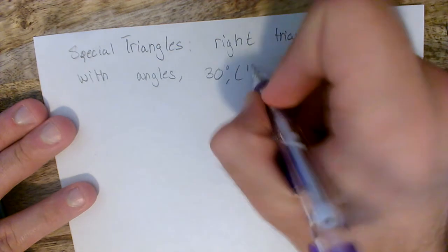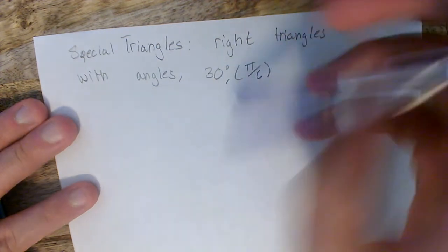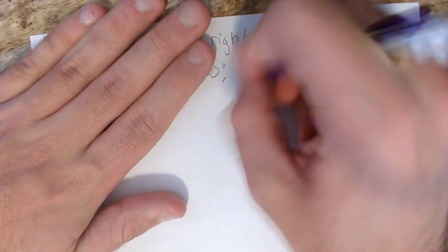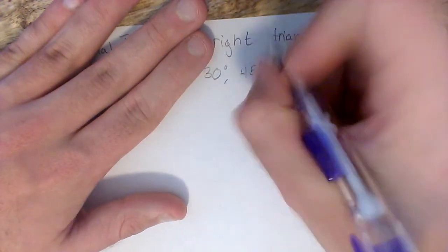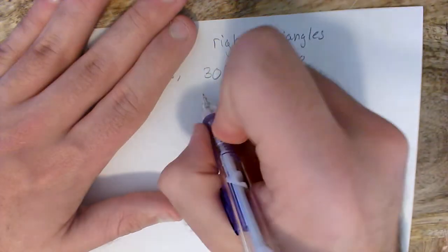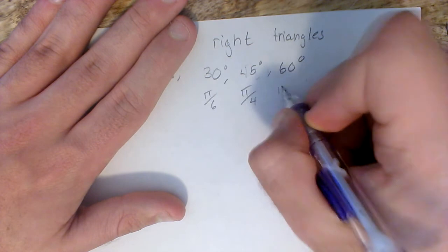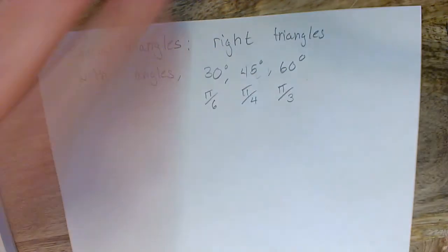This is pi over 6 radians. Okay, 45 degrees and 60 degrees. So this one's pi over 6 radians, this one's pi over 4 radians, and this one's pi over 3 radians.